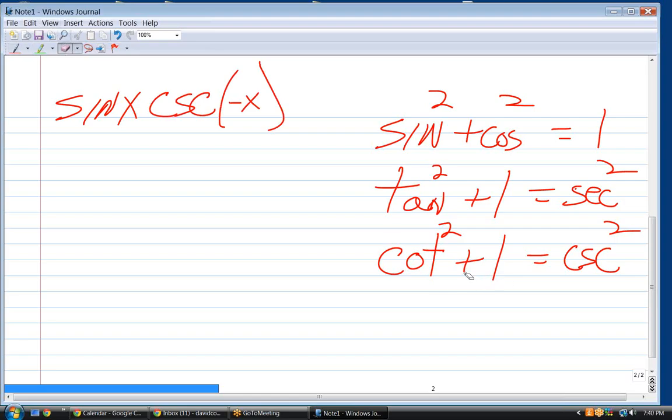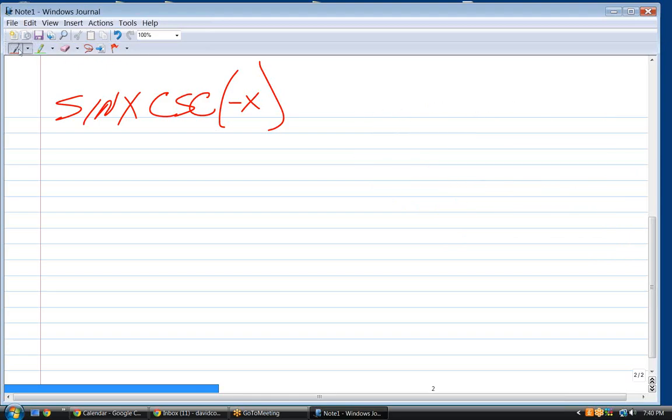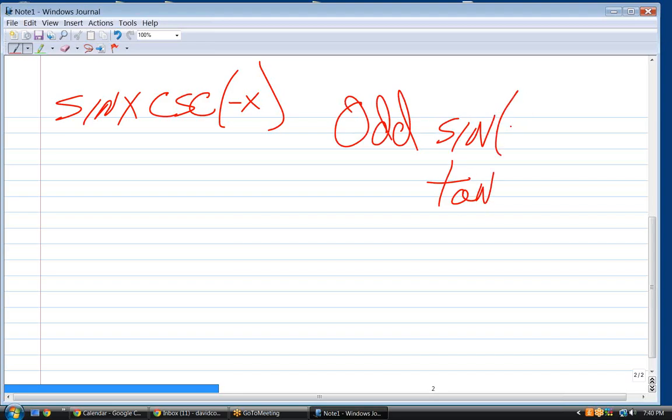What's important here is the odd-even property of trig functions. Odd trig functions are sine and tangent. And what that means is the sine of negative x is equal to negative sine of x.